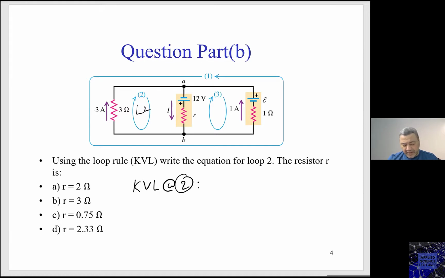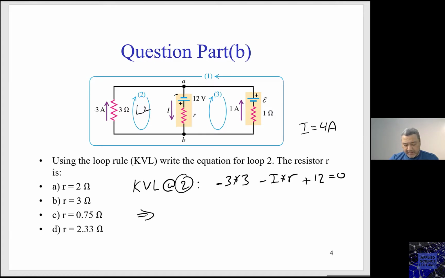So I can say now this is minus 3 times 3, minus IR, also minus I times R. I just calculated I to be 4 ampere, so I is 4 ampere. Okay, and then in the KVL, entering the negative, plus 12, and this equals 0.